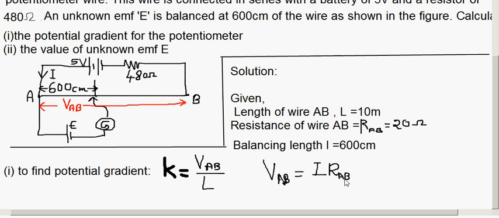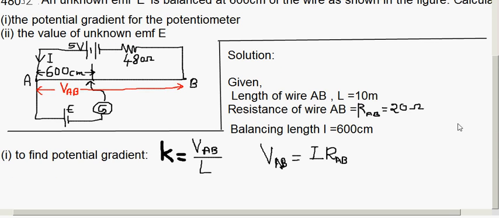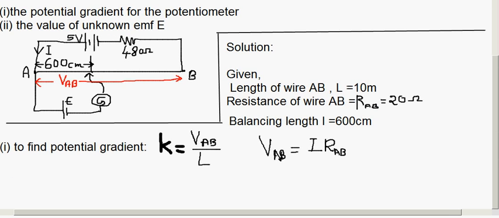Now first we need to find out what is capital I. The total current in the circuit will be equal to total voltage divided by total resistance. I through the circuit will be equal to 5 volt divided by 480 plus 20 ohm. 20 ohm is RAB, total resistance.